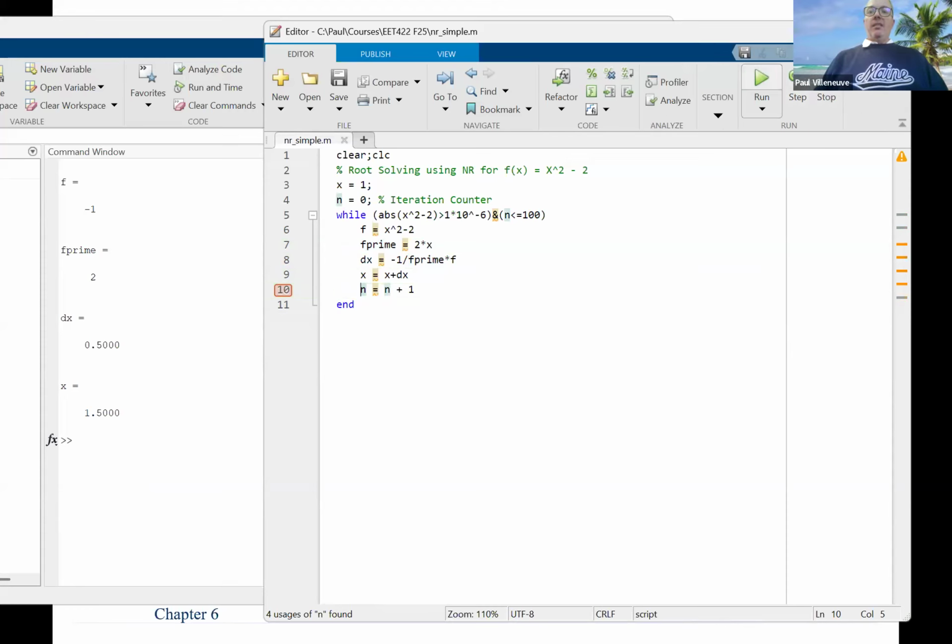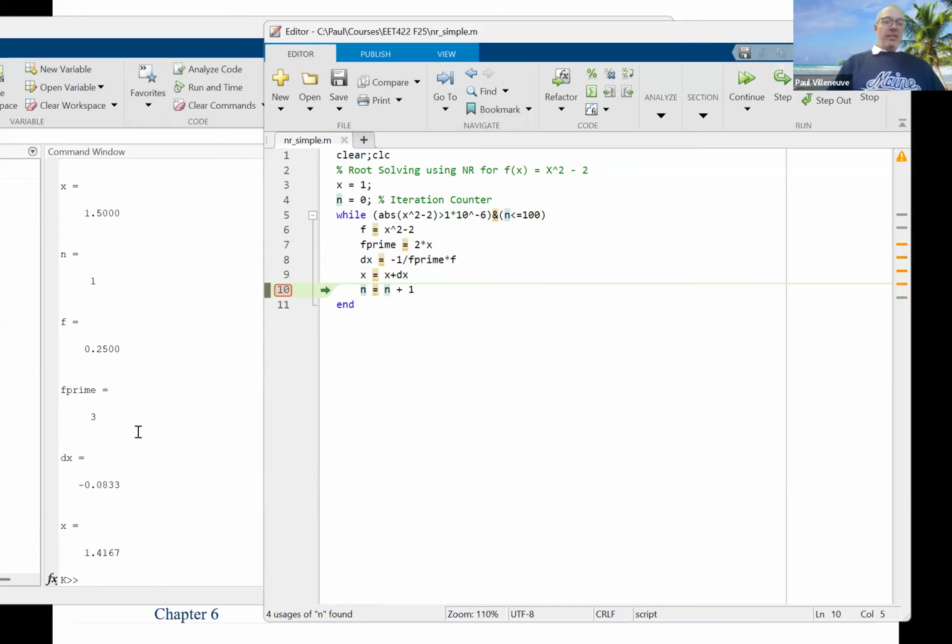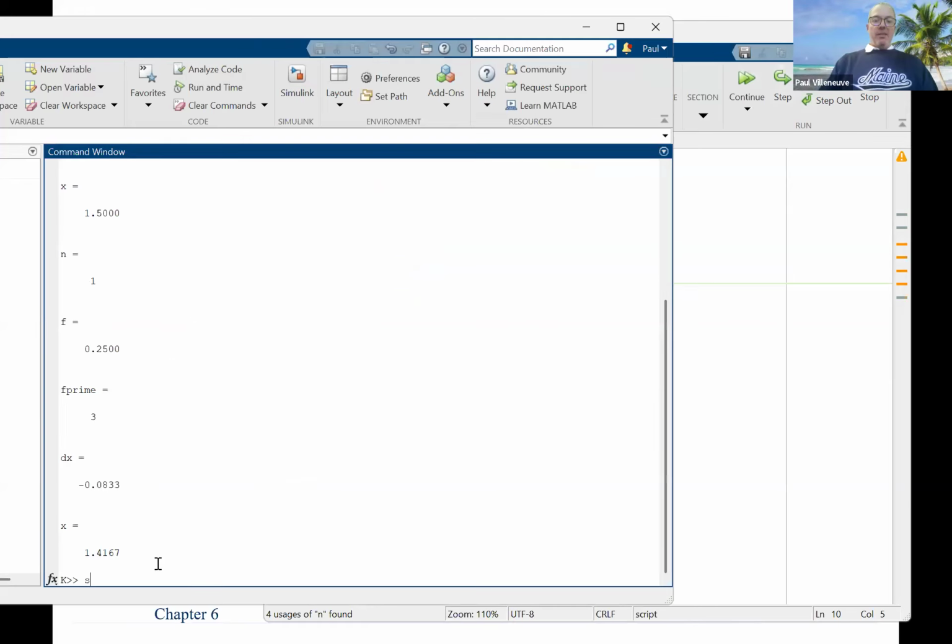So let's run it again. And here is our final answer. 1.4167, which, if you ask MATLAB, what is the square root of 2? 1.4142. So we didn't get exactly to 0. We got pretty close.